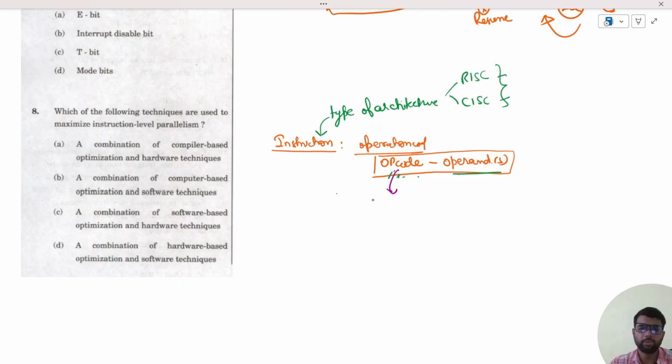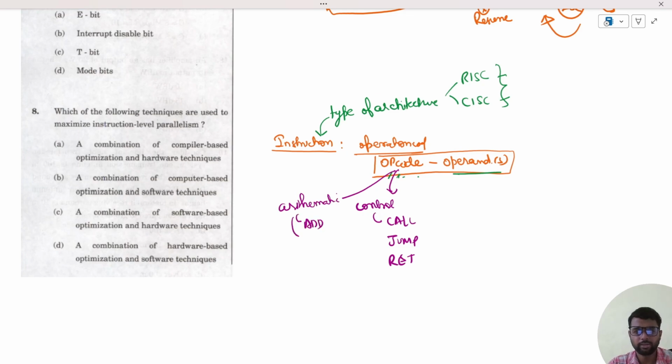The opcode could be broadly categorized as control, such as call, jump, return, or it could be arithmetic, like add, subtract, or logic, for example AND, OR, etc. And in the operands we may have direct data, or registers, or an address.